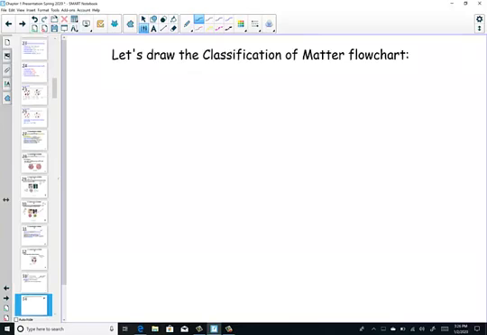Let's draw that matter classification flow chart and talk through our definitions. We said chemistry is the study of matter, and so matter is going to go at the top of our classification pyramid. Matter is anything that occupies space and has mass. As we begin to classify, the first question we ask: does it have a variable or a definite composition?